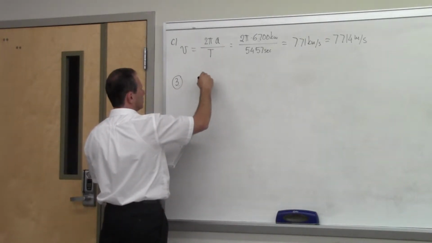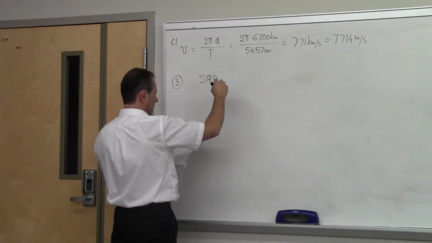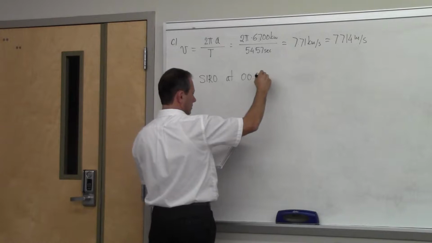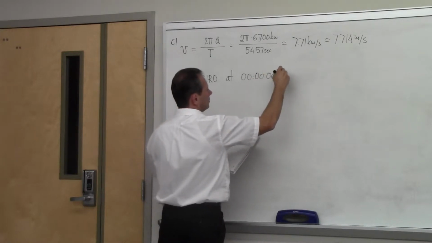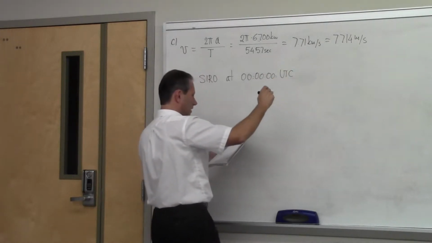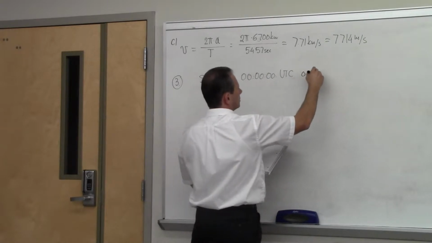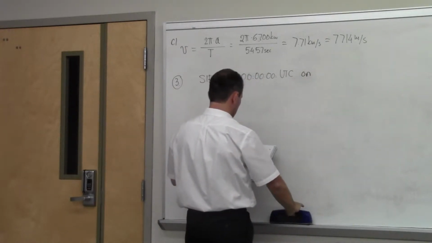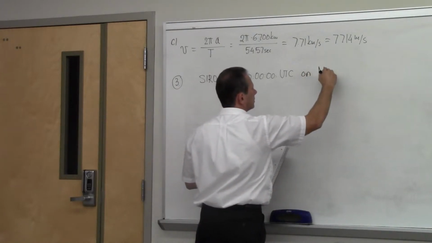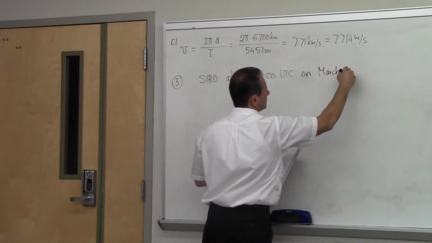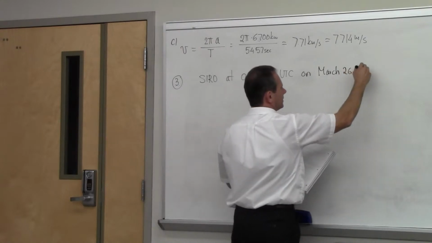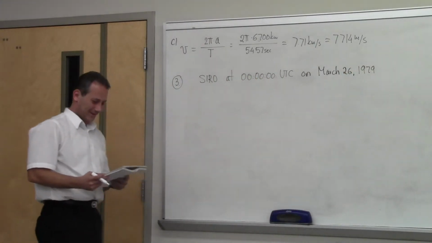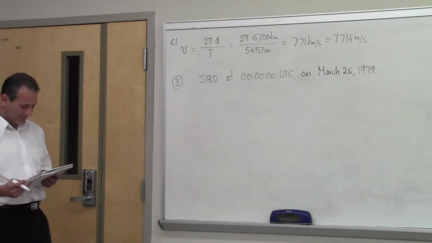So this is satellite at 0, 0, 0, 0, 0, 0 universal time on March 26, 1979. Right, so that kind of reveals when the first edition of this book was written.